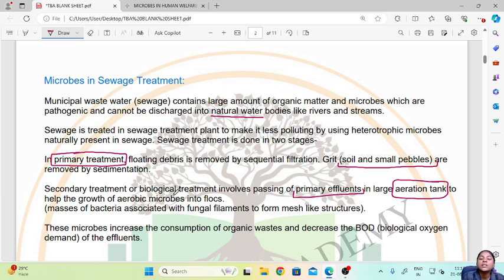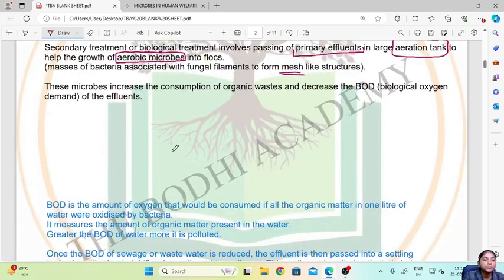So in these aeration tanks there is continuous supply of air which helps in the growth of aerobic microbes, meaning those microbes which grow in the presence of oxygen, and these are allowed to grow into flocks, meaning masses of bacteria associated with fungal filament which form a mesh like structure. So these are called flocks.